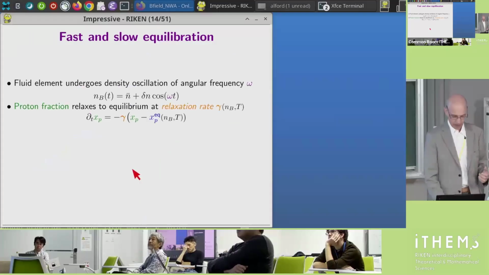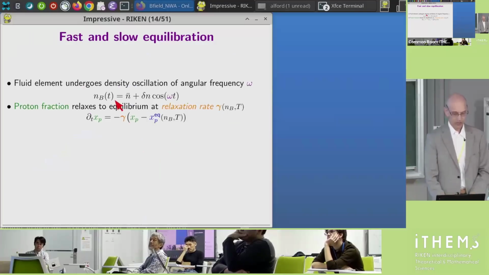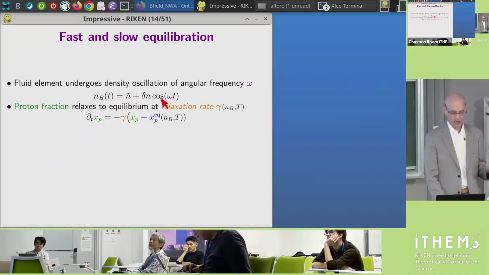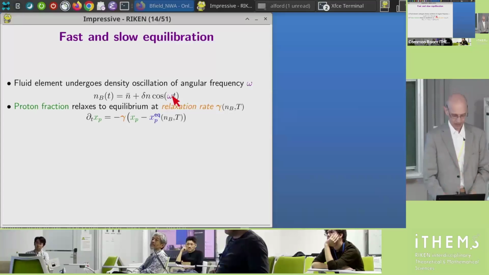So let's look at this situation. Let's write down a couple of very simple equations that would describe it. Here's our fluid element, and we give it some average density, and we give it an oscillation in its density, an amplitude delta n, and some angular frequency omega. So its density has this little cos omega t correction, where it's being compressed and uncompressed at this frequency omega.